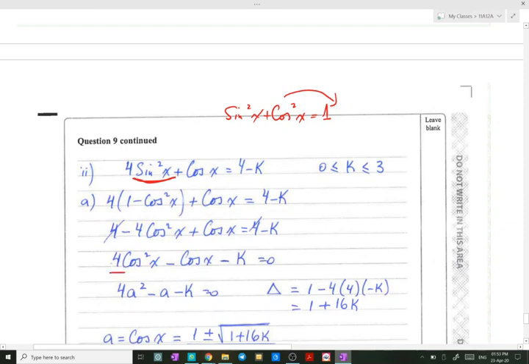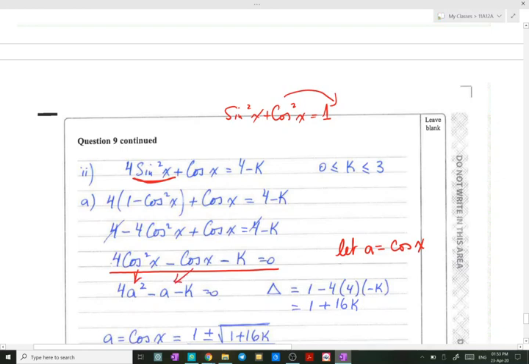Now this is a quadratic equation that you can solve, or you can change variables in order to have a comfortable way of solving. So you say let a be cosine x. So you have 4a squared minus a minus k equals 0.